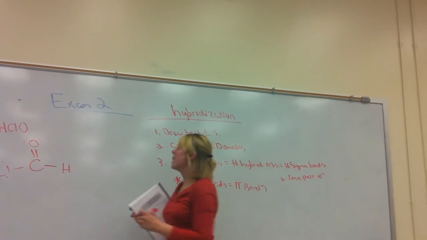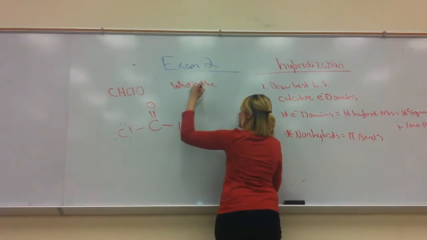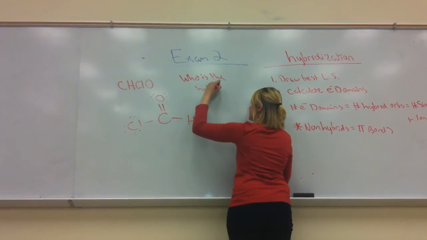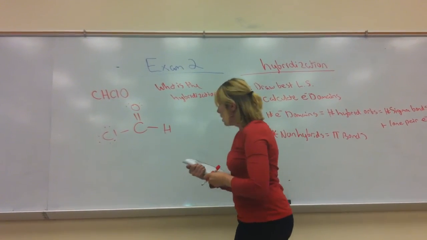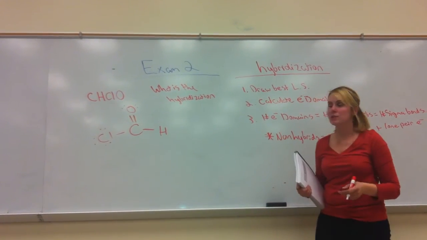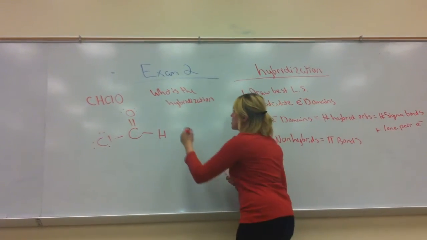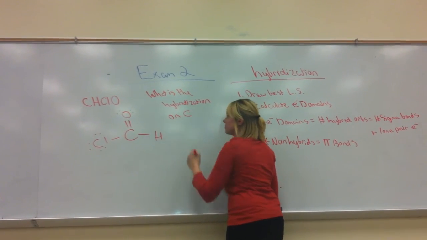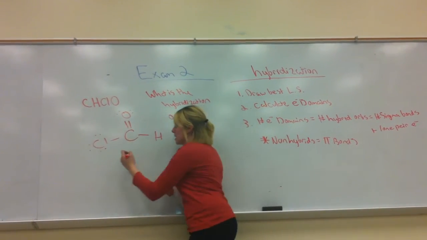Now, the question that I ask you though is, what is the hybridization? In order to figure this out, I have to calculate the total number of electron domains. If I ask for the hybridization on carbon, how many electron domains does carbon have? 3, right?